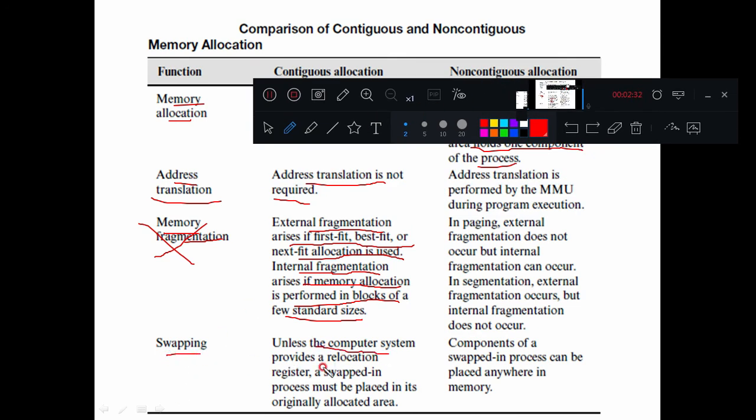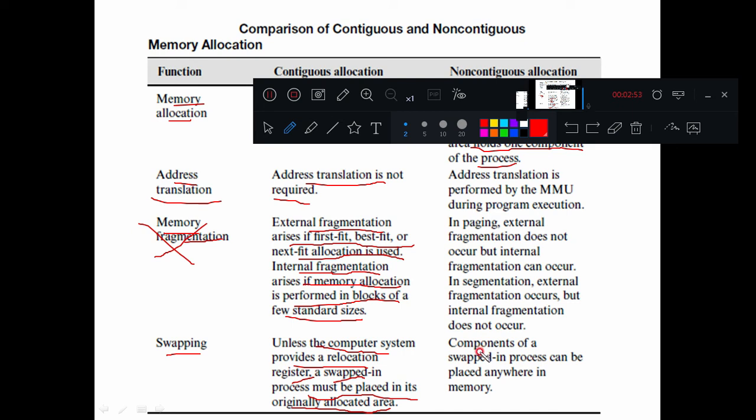And the last one, swapping. Unless the computer system provides a relocation register, a swapped-in process must be placed in its originally allocated area, right? It's a contiguous memory allocation, so the swapped-in process must be placed in its originally allocated area unless the swap-out happens, right?